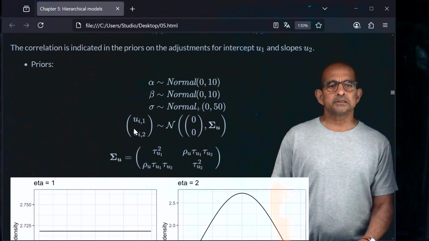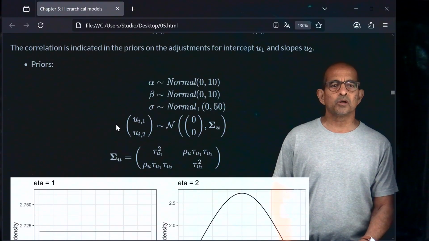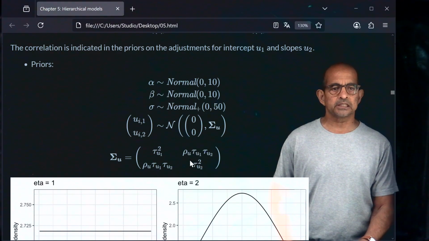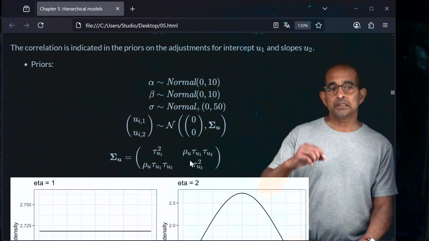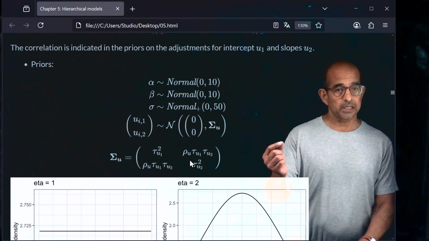Now, one important development in this model is that because we are assuming a correlation between the intercept and slope adjustments for subjects, we're going to have to define a prior on the correlation parameter.